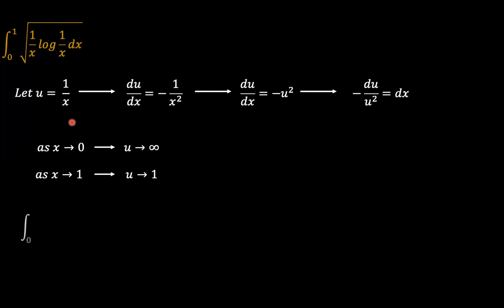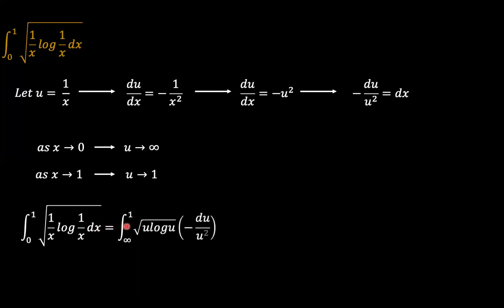So therefore, our integral, again, this dx is out of the square root sign, is going to be now, in the lower limit, infinity, and then the upper limit is 1. Square root of 1 over x is u, natural logarithm of 1 over x is another u. And then dx is substituted with a negative du over u squared.